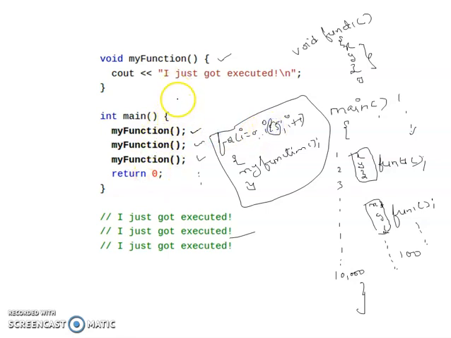So this is the simplest example of declaring and implementing a function and calling it from the main program. This function does not take any arguments, and it does not return any value. That is why we have void. If it returns an integer, I'll be having an int here. If it returns a float, I'll be having a float here, and so on. Since it doesn't return any value, I'm keeping it as void.